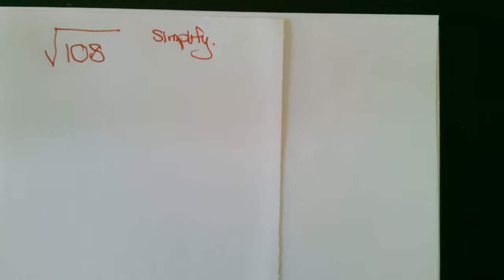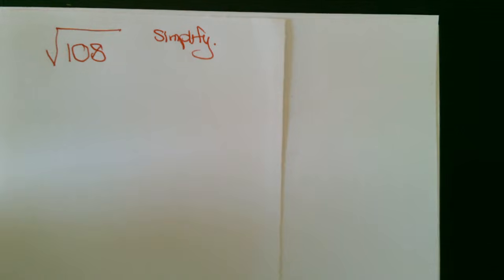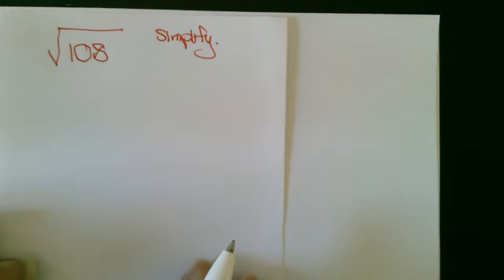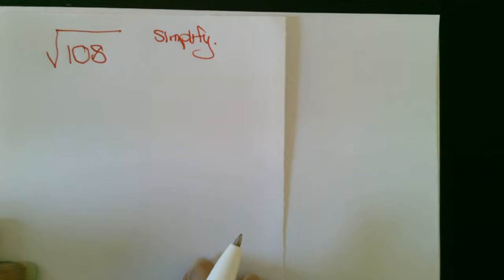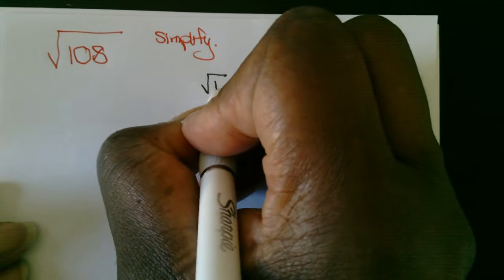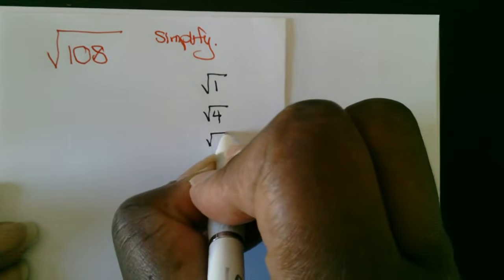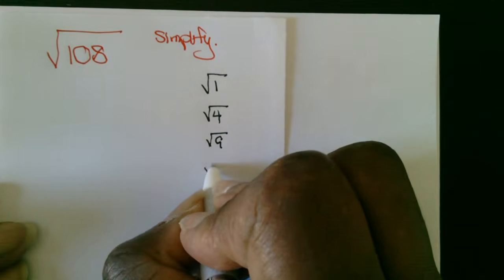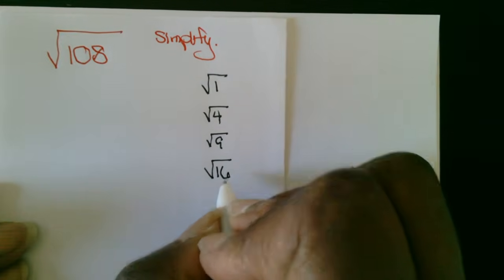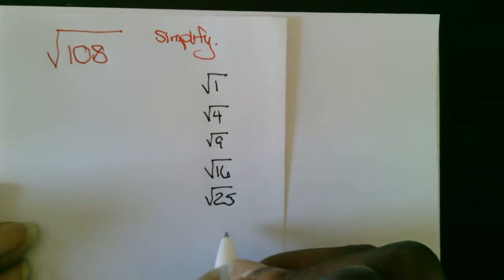All right. Now, when it comes to breaking down square roots or simplifying square roots, first off, we need to know about our perfect square roots. So what makes a perfect square root? So we got square root of 1, square root of 4, square root of 9, square root of 16, 25. Okay, you can see this.